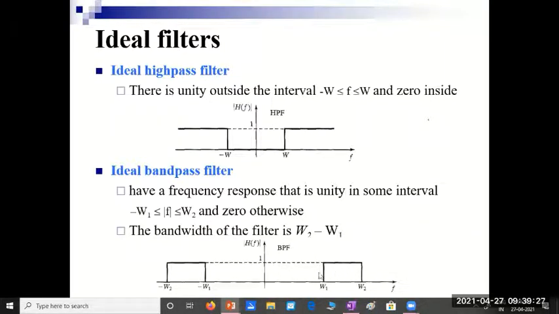Next is an ideal band pass filter, which passes all the signals in a given range of frequencies, between a lower and higher cutoff frequency FL and FH. All signals within the band will be passed and the rest will be attenuated. So given an input signal with larger frequency content, we can filter out only the part in a particular band and reject all the rest.